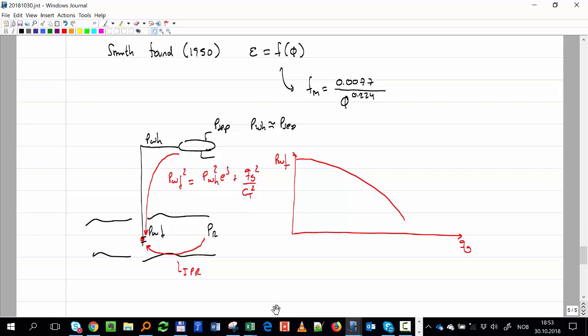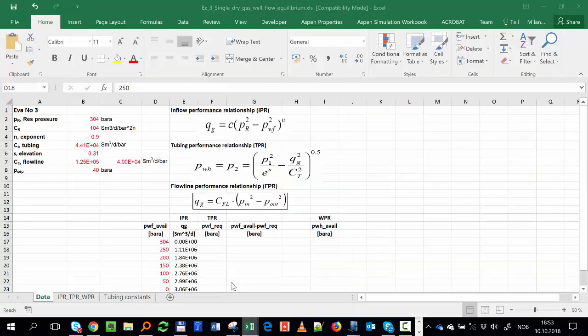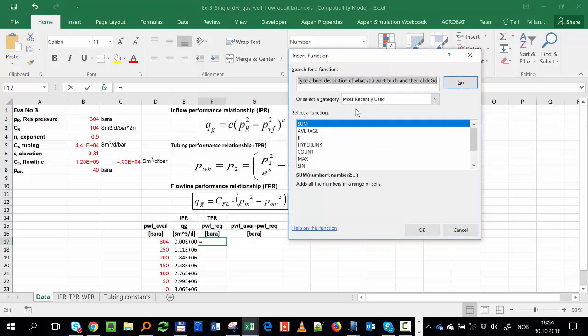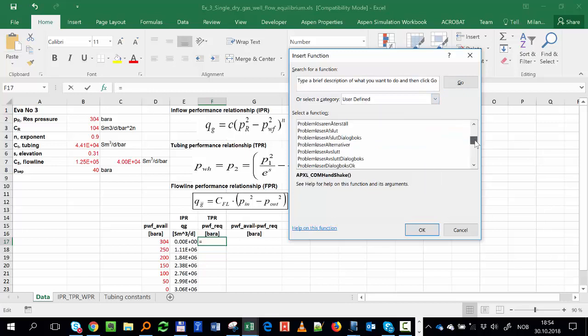Okay, so let's try to do that, okay? So what equation do I use here? TPR. Let's look for it, okay? So let's say I know it has to be tubing, user defined. Tubing P1.